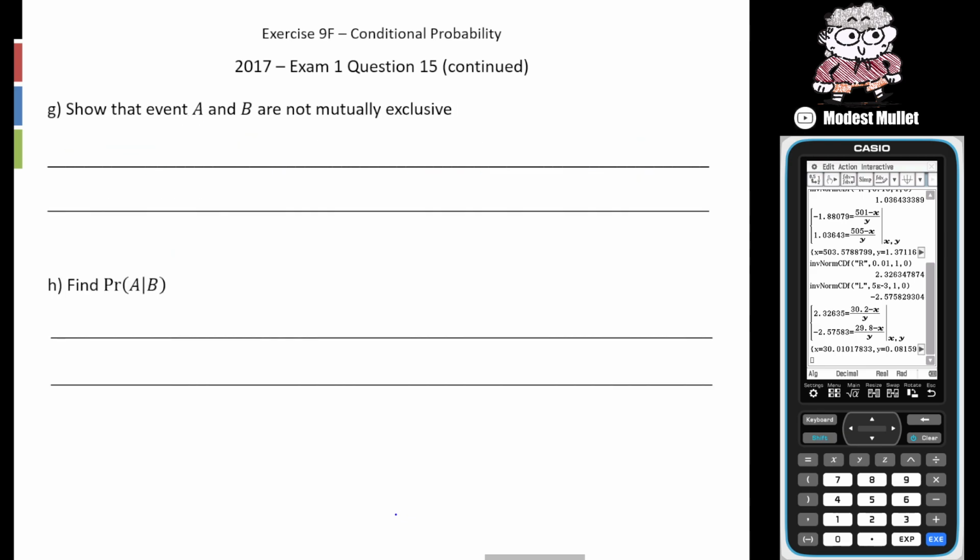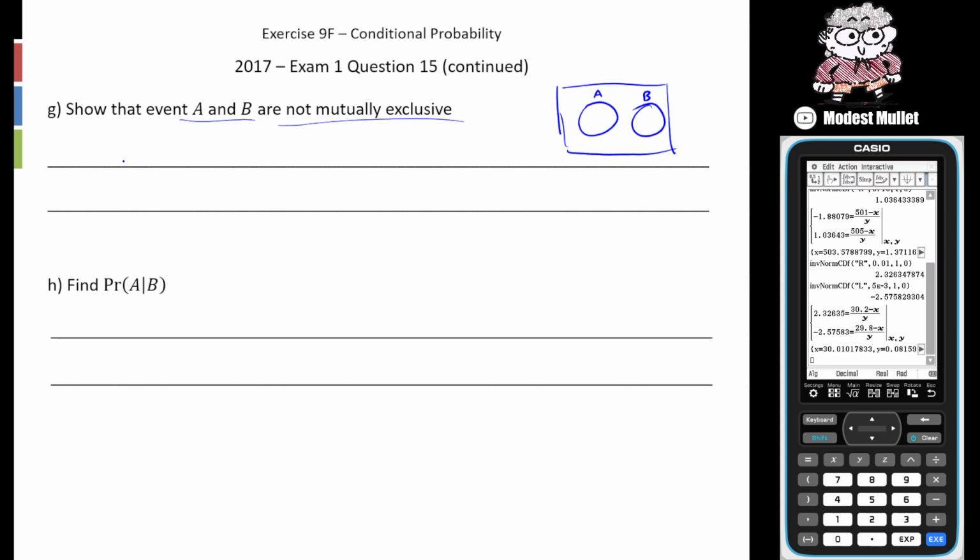Cool. Show that the events A and B are not mutually exclusive. As a reminder, mutually exclusive means the two events have no overlap. If they looked like a Venn diagram, they would look like that. They have absolutely no values in common. There are no people in one set that are in both sets.